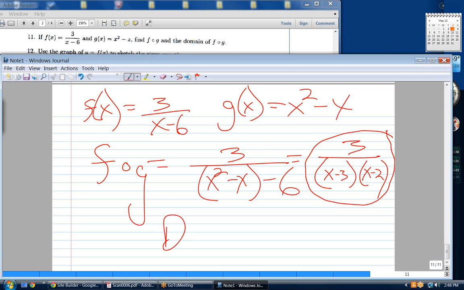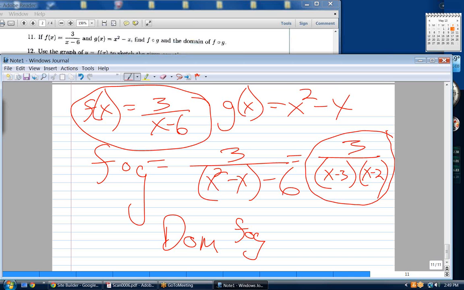What's the domain of fog? So it can't be 3 or 2, but there's something else it can't be also. Can't be 6. Oh yes, that's right.